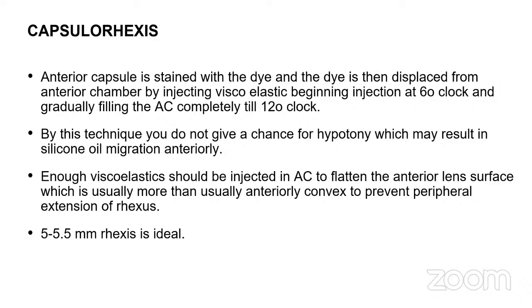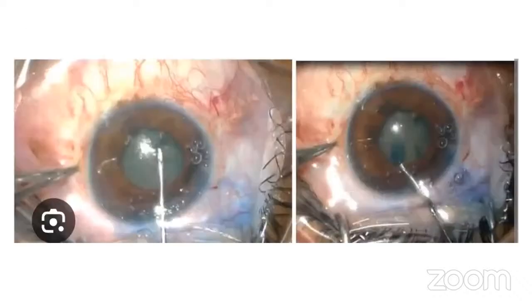So ideally, some say 4.5 to 5 or 5 to 5.5 mm rhexis is preferred. In this image, you can see the rhexis is roughly around 5 mm.